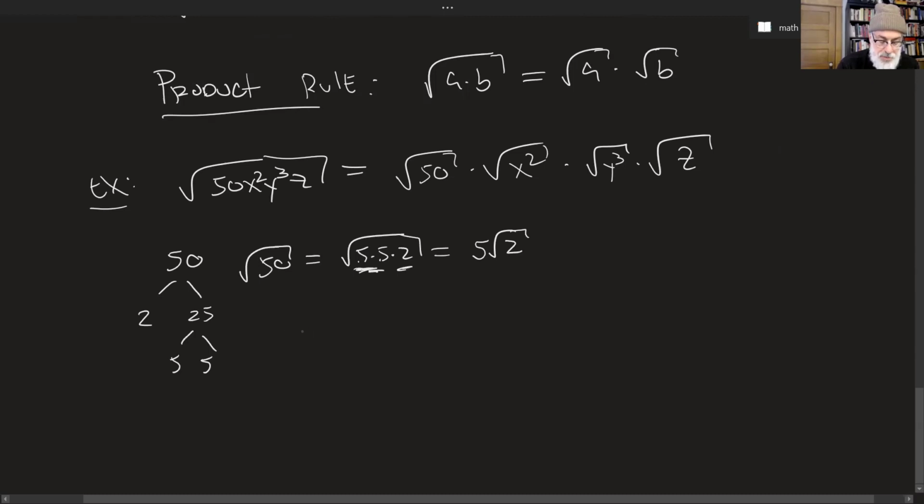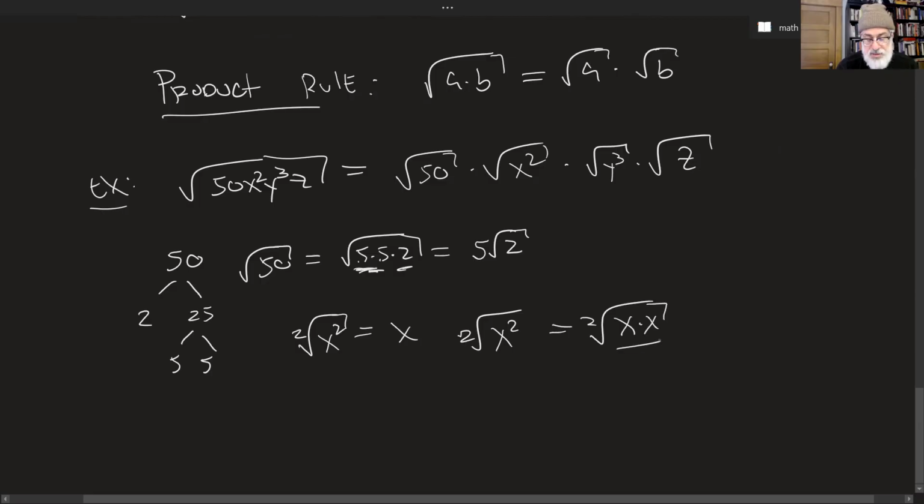This is an important property: the square root of a square is always just itself. The reason is that the square root of x squared is the square root of x times x. Again, the rule says if it's a square root, I need two numbers that multiply to give me that number, in this case x. So this is x.